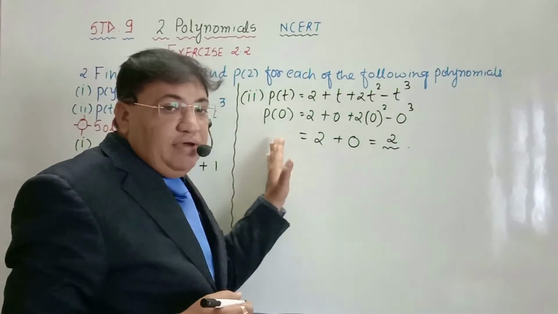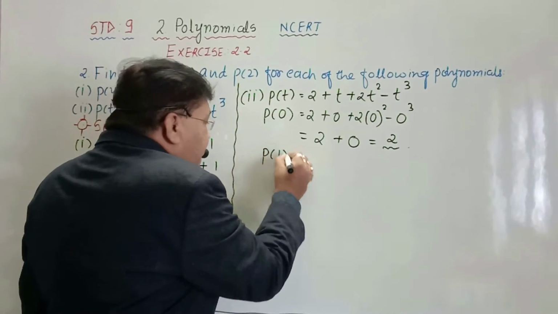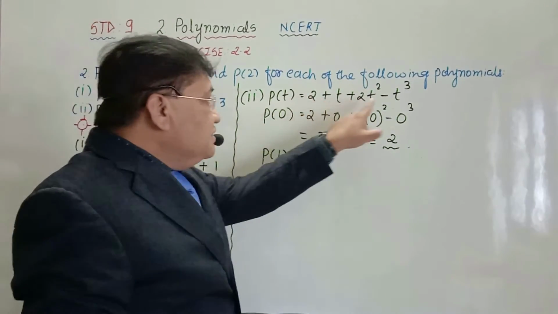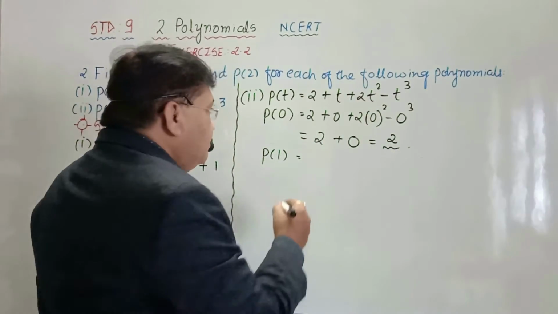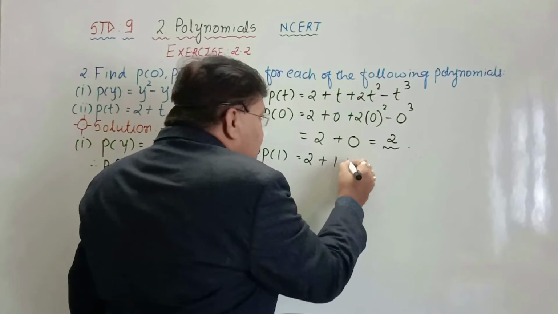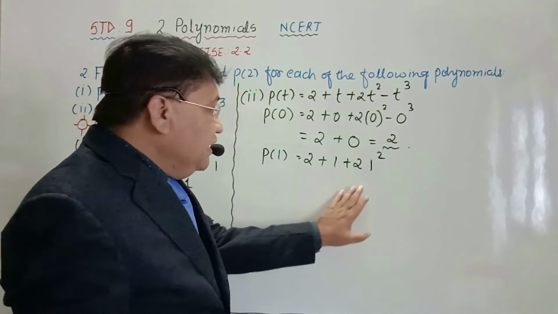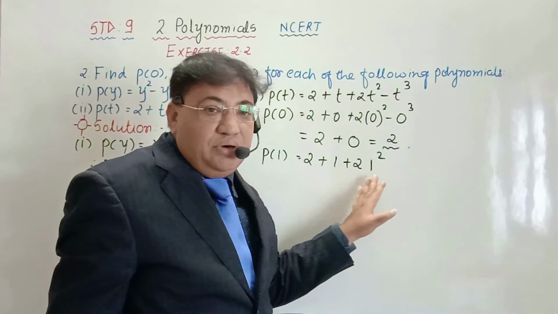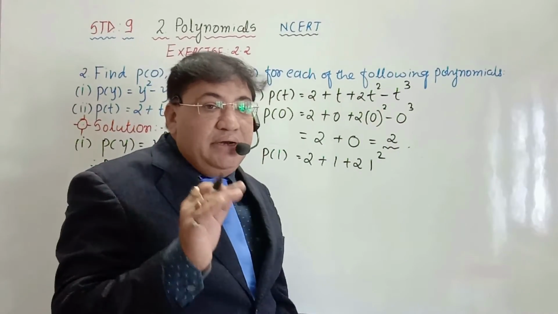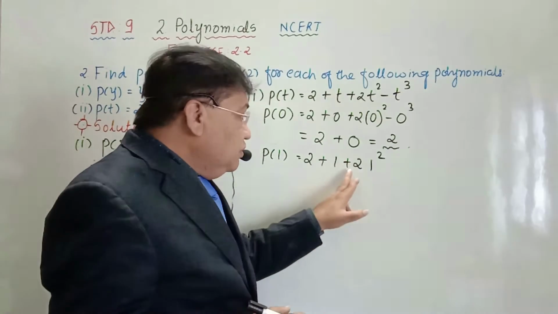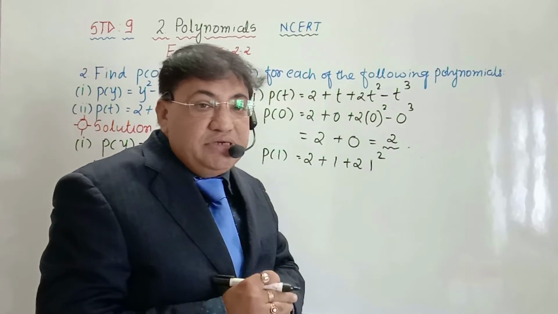Now we find the value of P1. So in the RHS, in place of t, we write 1. 2 plus 1 plus 2. If you write it like this, it will be wrong, because 2 and t square are in multiplication form. So you have to write 2 and 1 square in multiplication form.